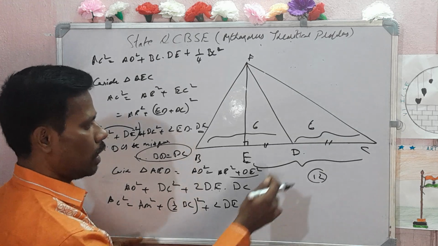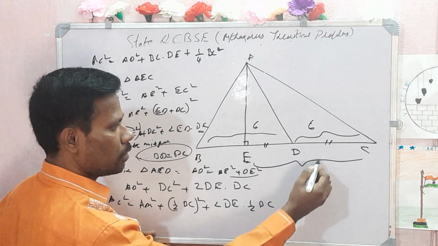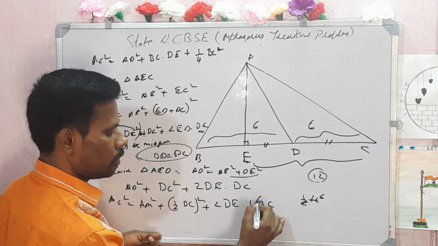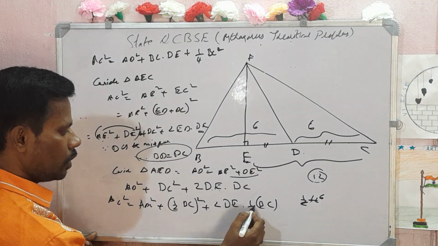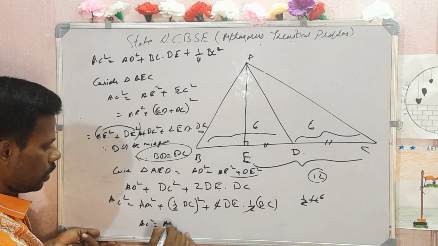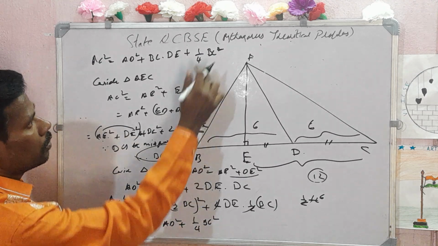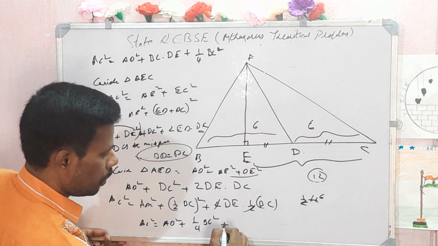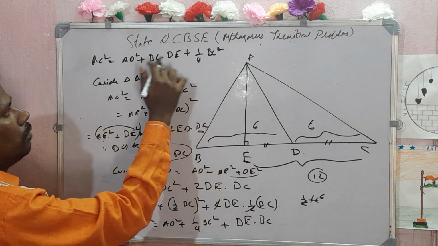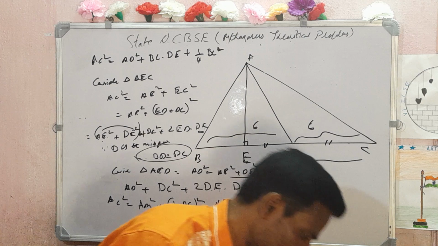If I want to calculate this DC length, DC is nothing but half of BC, half of 12 is 6, right? 2 gets cancelled. So AC square is equal to AD square plus 1/4 BC square, plus DE into BC. So here we are nearer to the problem, hence the theorem, right?